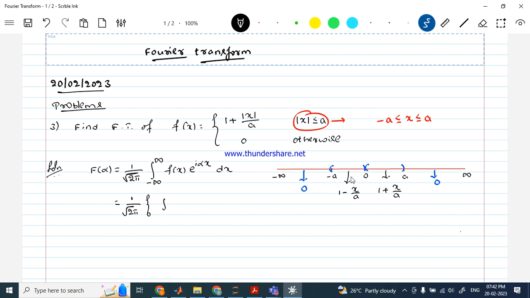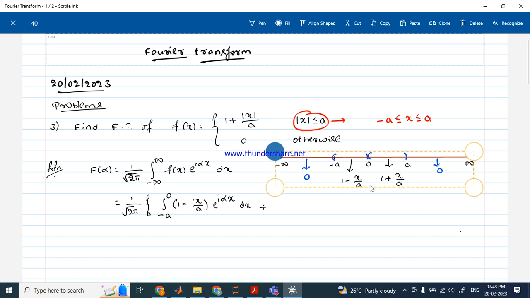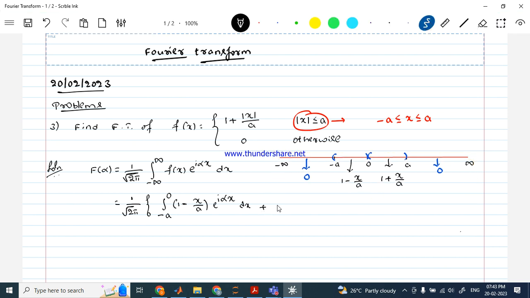So from minus a to 0, f of x is given by 1 minus x by a into e power I alpha x dx, plus the second integral, plus integration 0 to a. From here to here, the function is given by 1 plus x by a into e power I alpha x dx.